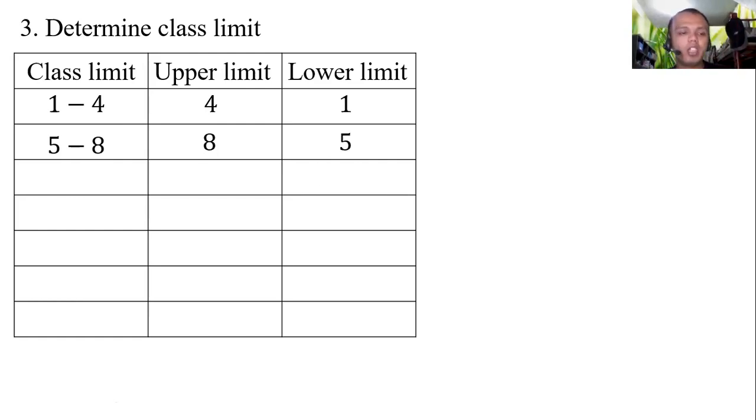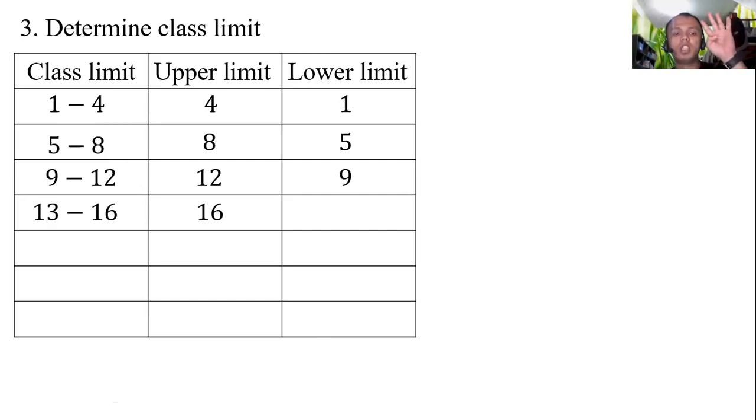Next, after ng 8, nag-end tayo sa 8, start tayo kay 9. For yung class intervals natin, 9, 10, 11, 12. So, 9 to 12. Upper limit is 12. Lower limit is 9. Next, nag-end tayo kay 12. Start tayo kay 13. 13 to 16.